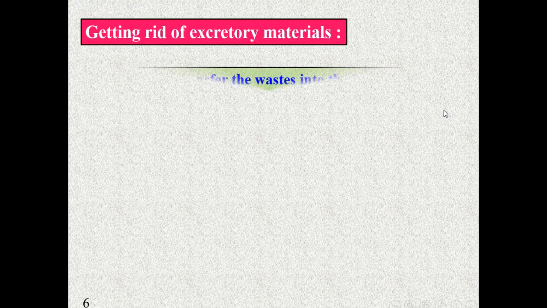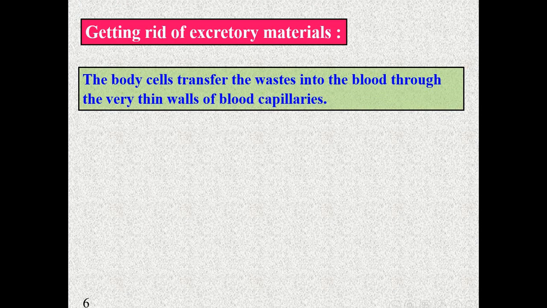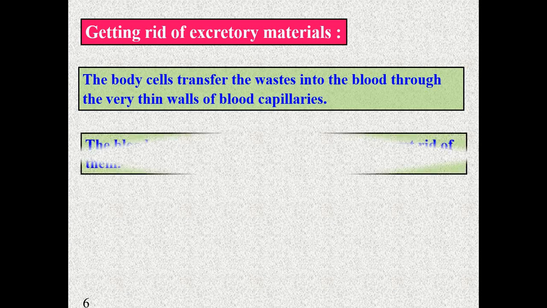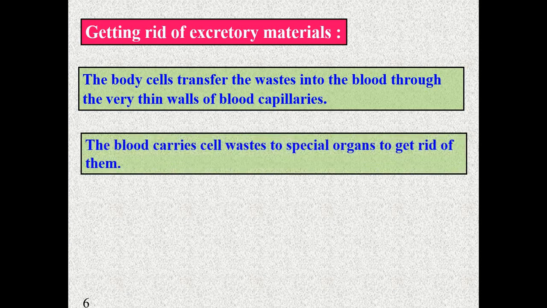Getting rid of excretory materials: the body cells transfer wastes into the blood through the very thin walls of the blood capillaries. We know it from the circulatory system. And then the blood carries the waste to a special organ to get rid of it. Excellent, we also know that.